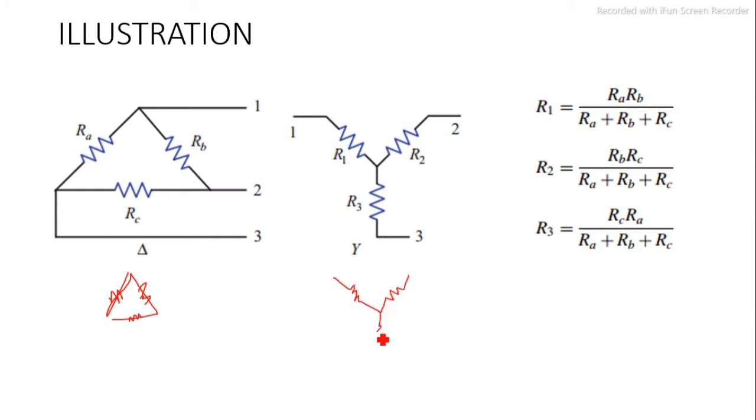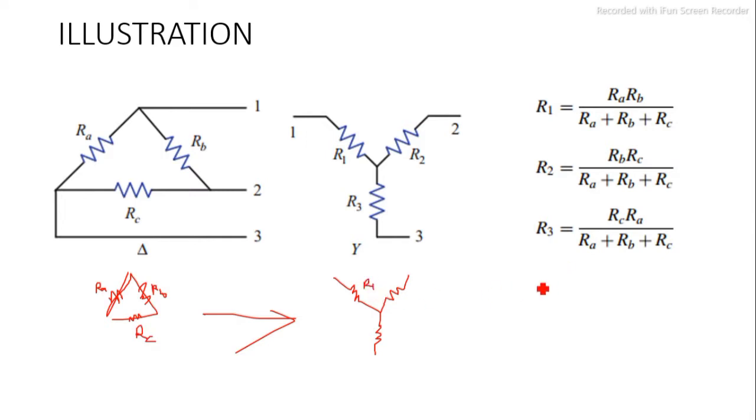Your resistors are in Y form. Now, if you want to convert from your delta to your Y, you are going to be given RA, RB, and RC. Let's assume you are given all these resistors, and they want to know your R1.